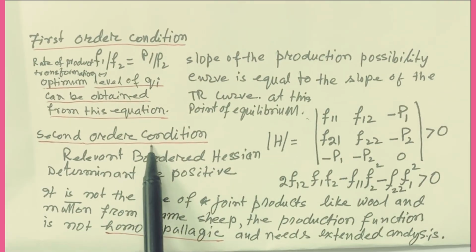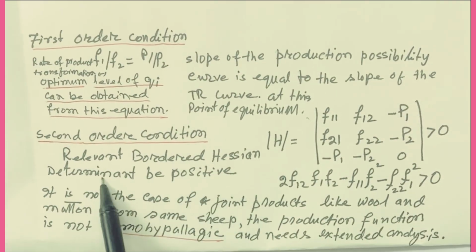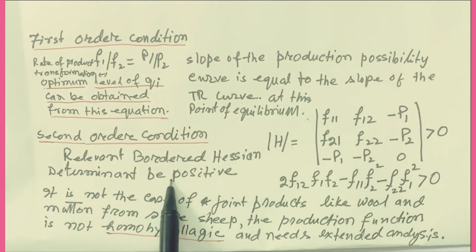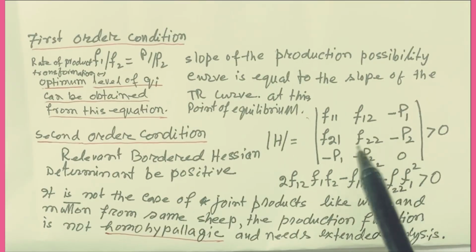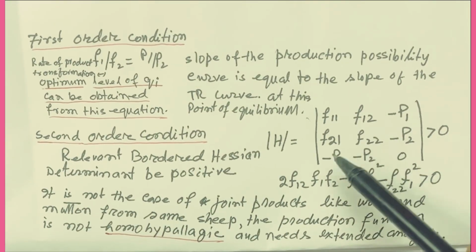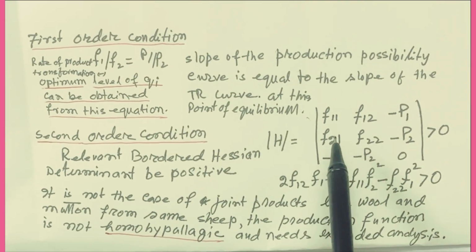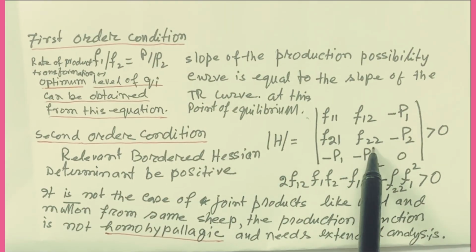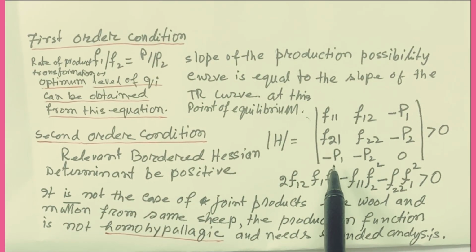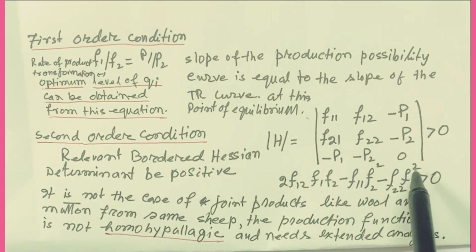Then the second order condition is that the relevant bordered Hessian determinant be positive. So this is the bordered Hessian determinant: F11, F12, minus P1; F21, F22, minus P2; minus P1, minus P2, 0.